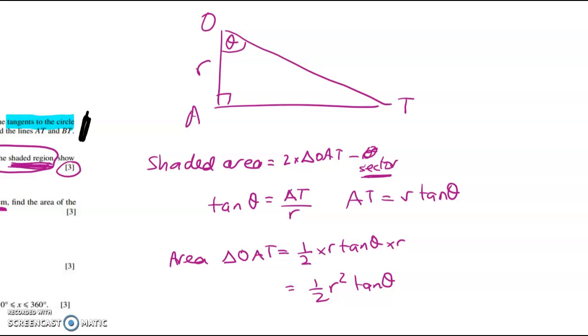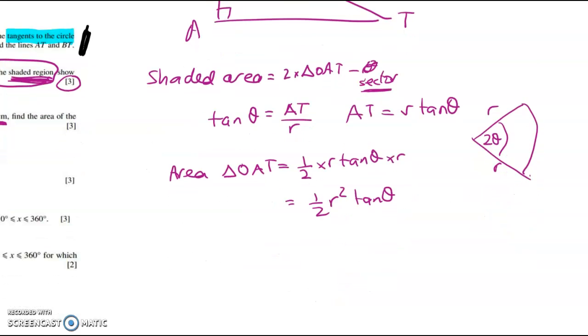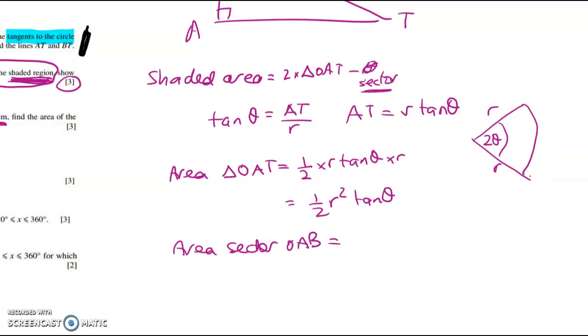Now what about the area of the sector? Well, we know that the angle at the centre is not theta but 2 theta, and we've got radii here. So the area of sector OAB is equal to 1/2 r squared times the angle 2 theta, which is equal to r squared theta.